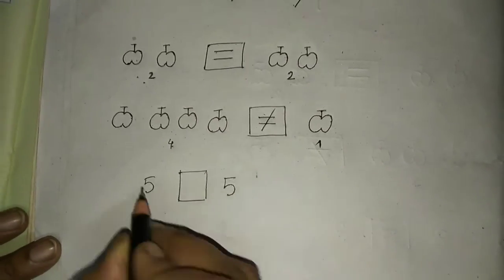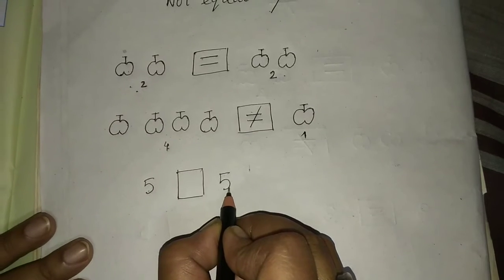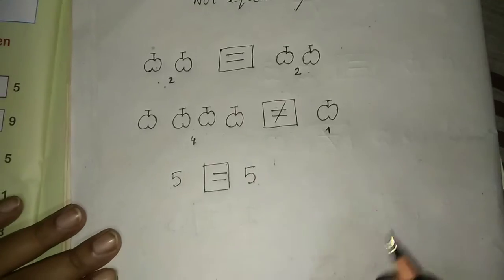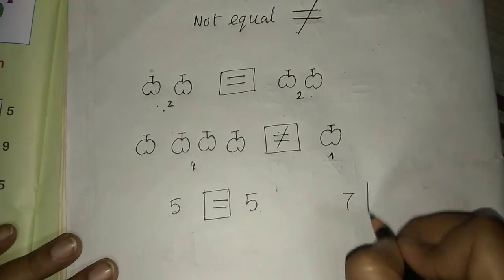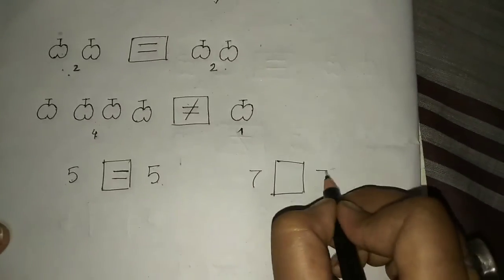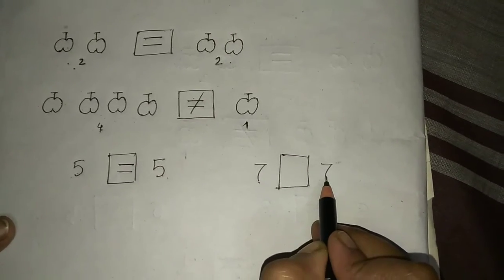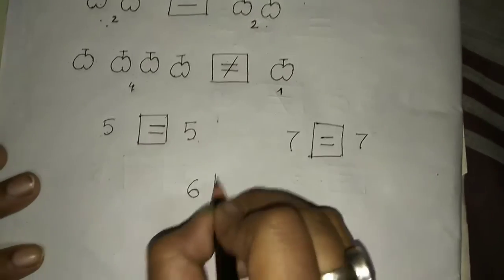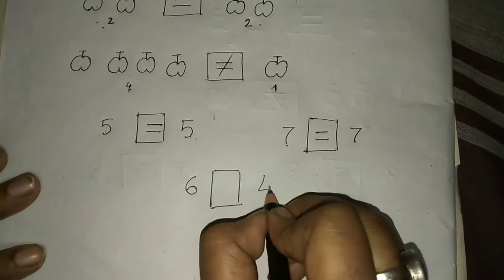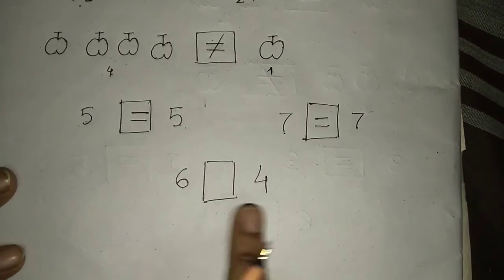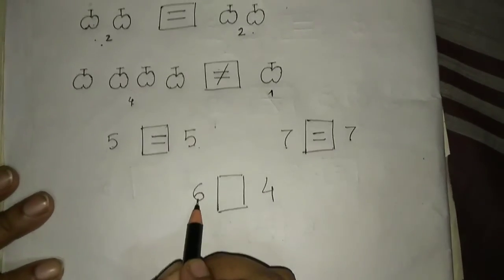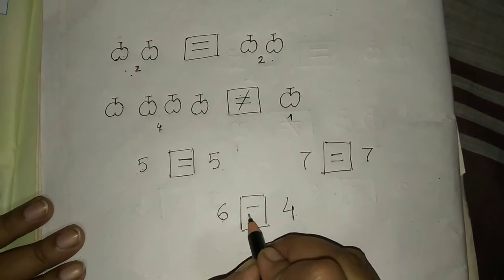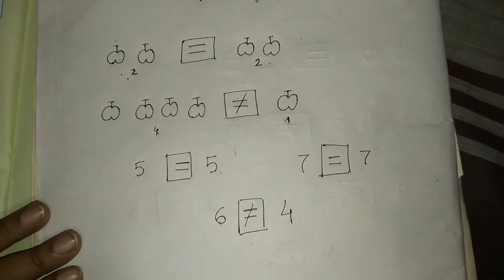Both sides are 5, both are equal, so we give this symbol. Next 7 and 7, both sides are the same, so the equal sign. Then 6, box, 4: both sides are not the same, 6 and 4, so we put the not equal symbol.